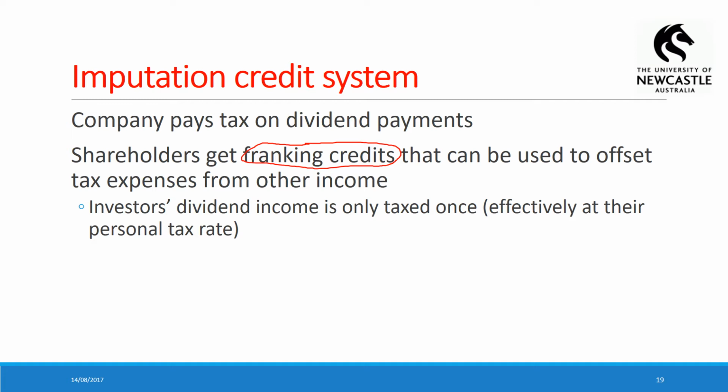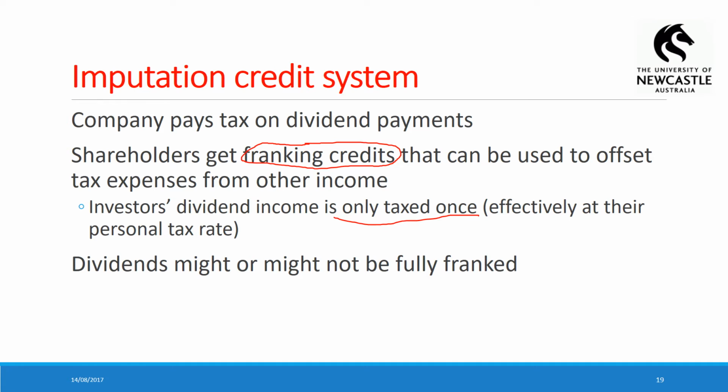Or if they don't have any other tax expenses, they can get the refund from the tax office, right? So effectively, that means that shareholders' income from dividends is only taxed once at the personal tax rate, right? So the effective tax that the company pays in this case can be reduced by the amount of franking credits, yeah?